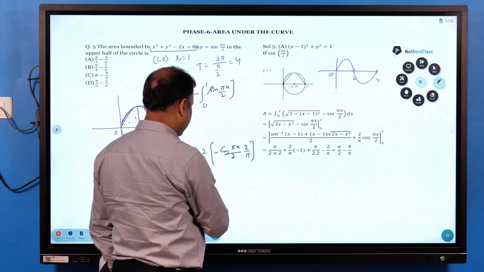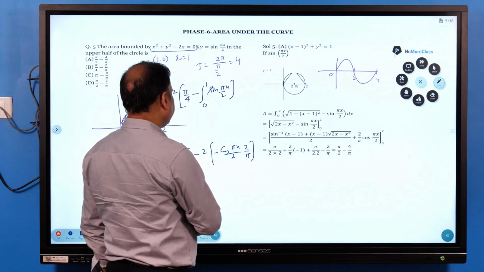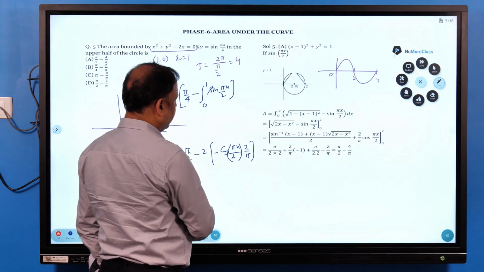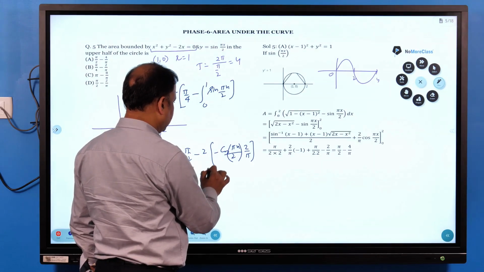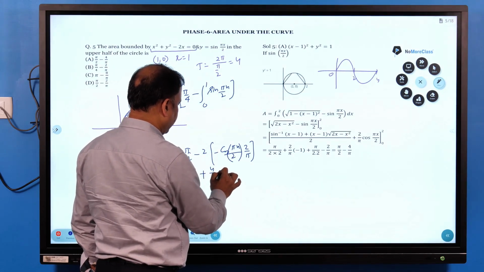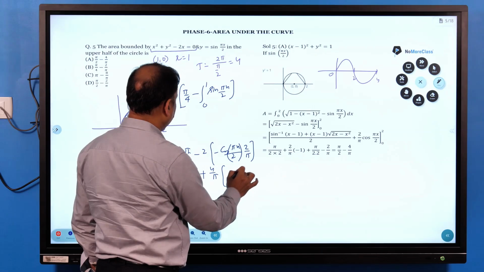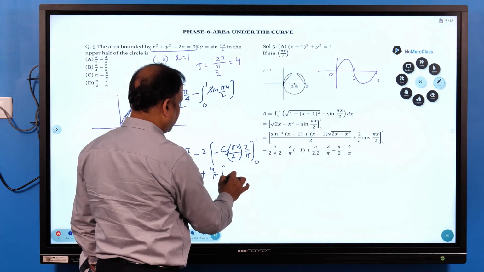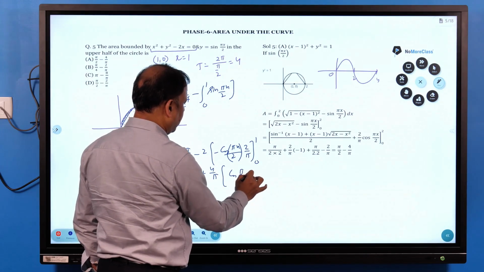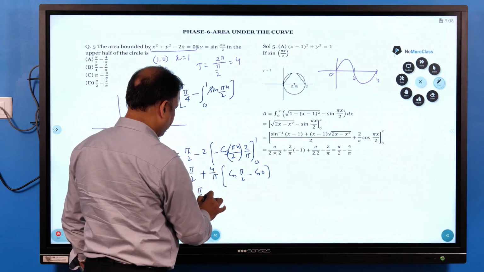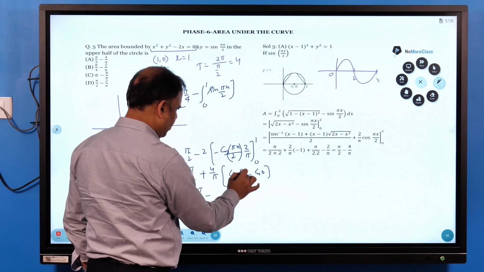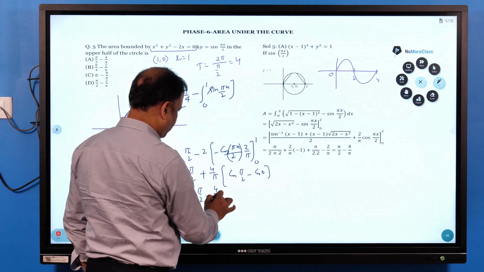So minus minus plus. This is pi by 2 plus 4 upon pi, from 0 to 1: cos pi by 2 minus cos 0. So this will be pi by 2 minus, this will be 0, cos 0 is 1, 4 upon pi.